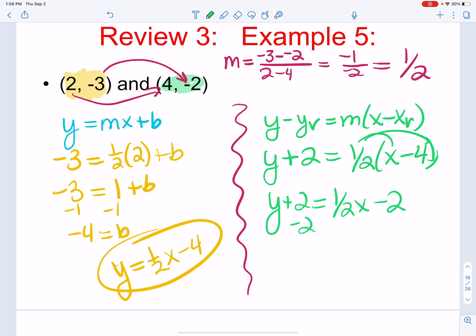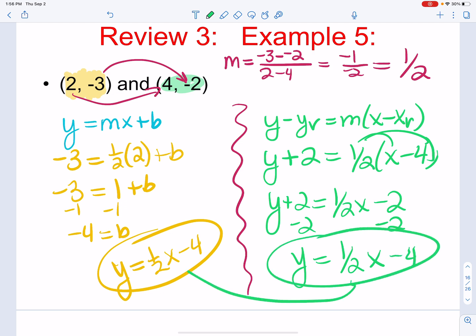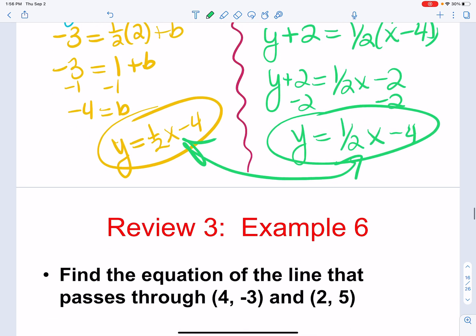And then you're going to subtract 2 from both sides, so I get y equals 1/2 x minus 4. Guess what? It's the same line, so you should have the same answer. Just because you do it a different way or with a different point, it does not matter. You should always have the same answer.